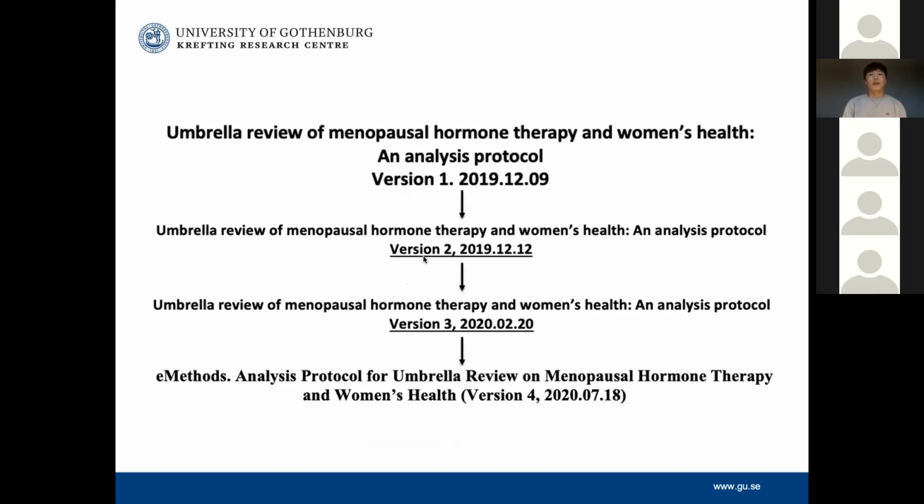Before we actually did the analysis, we drafted an analysis plan, which went through several revisions. And finally, we got the final version of this analysis protocol. And according to this analysis protocol, we wrote the analysis code.